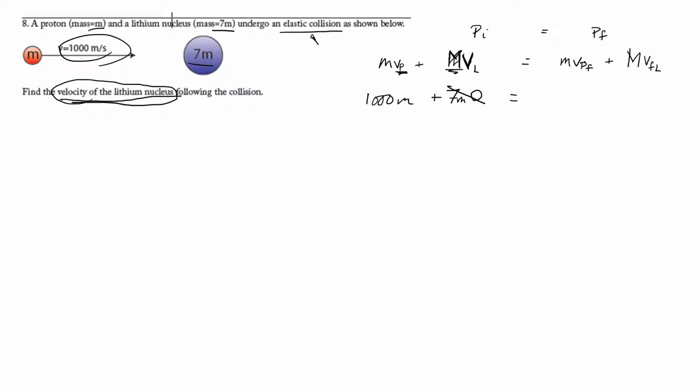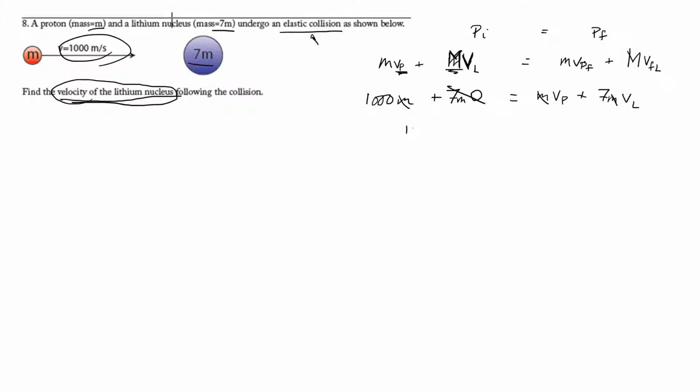It is equal to the new mass, which is m, times this velocity we don't know, I'm just going to call it VP, plus 7m times VL. That kind of sucks, but at least we can cancel out these m's. So long, m's.